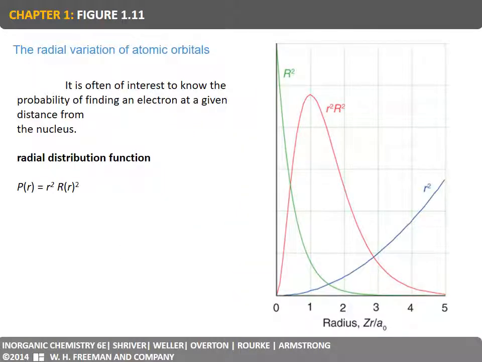It comes in handy to know the probability of finding an electron at a given distance from the nucleus. This can enable us to calculate basically the Coulombic forces that bind the electron to the nucleus.